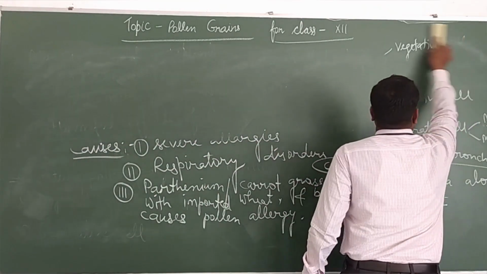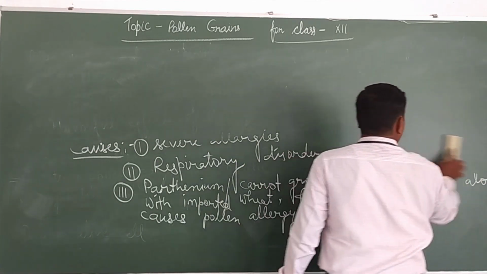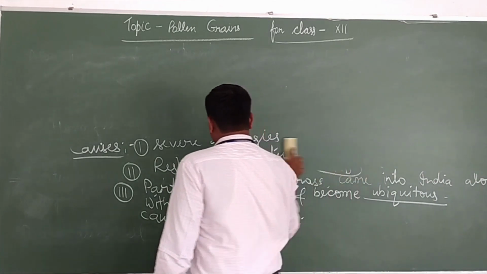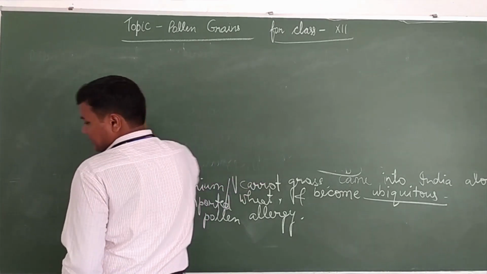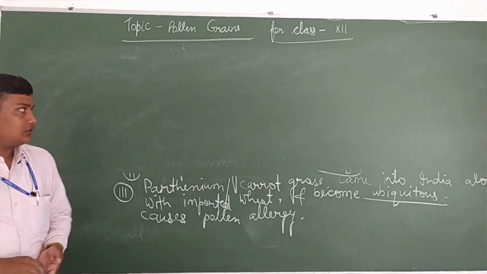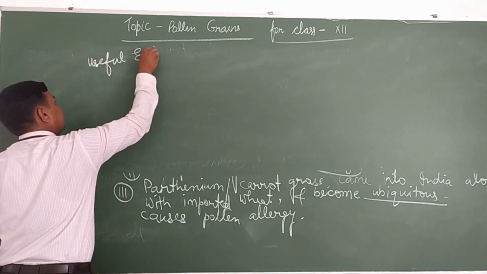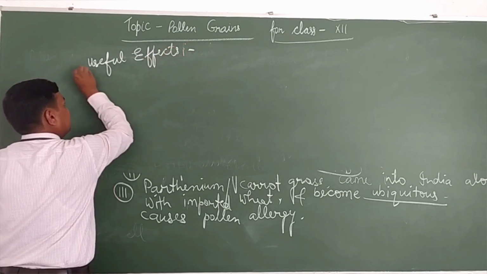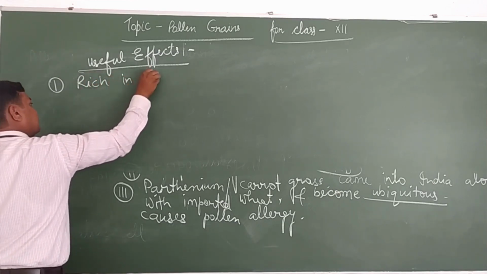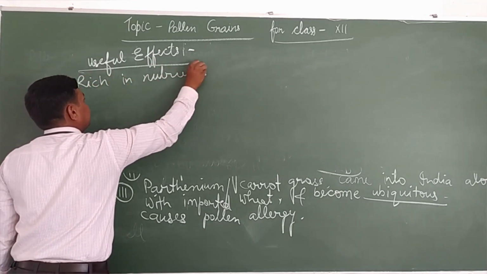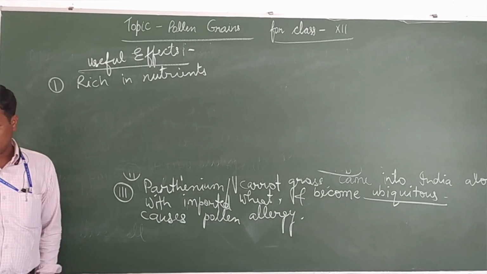Now students, useful effects of pollen grains. Various pollen grain tablets and syrups are used in the medicine sector. First, pollen grains are rich in nutrients, meaning they hold various nutrients like carbohydrates, proteins and vitamins.